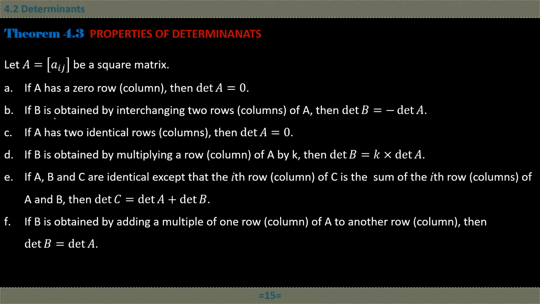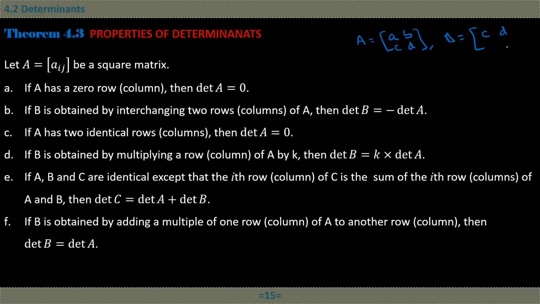Second, if B is obtained by interchanging 2 rows or columns of A, then the determinant of B is equal to minus the determinant of A. For example, let's say we are given A, whose components are A, B, C, D. And I'm given another matrix. The only difference is that these rows are interchanged.